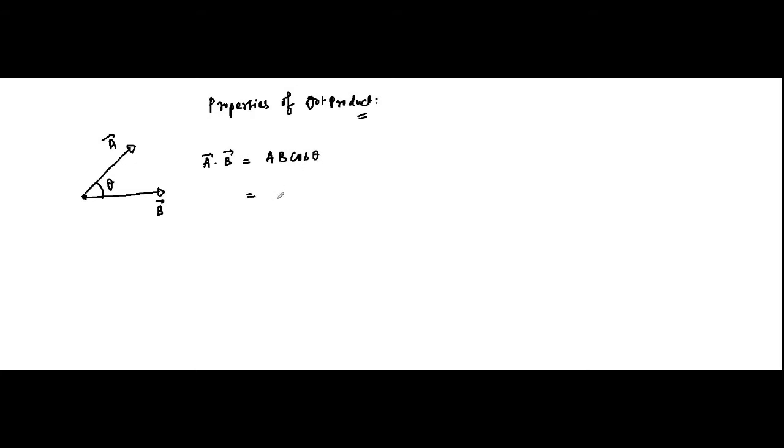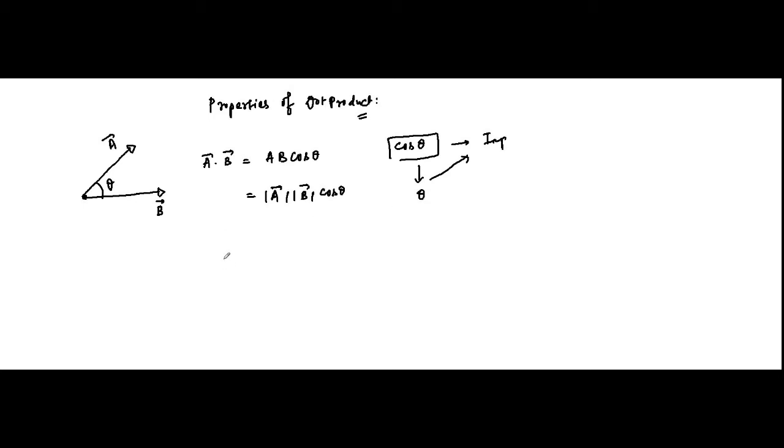Or it is also written as A vector magnitude, B vector magnitude or modulus, and cos theta. So here this cos theta part is very important. Okay, cos theta or theta, it is very important. So we'll discuss the various values of these dot product when the value of theta changes.